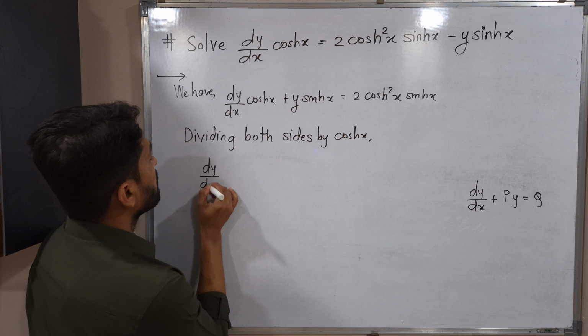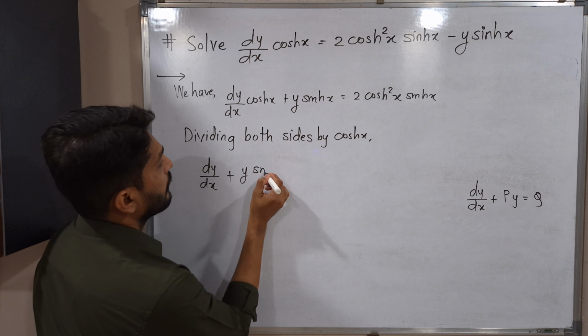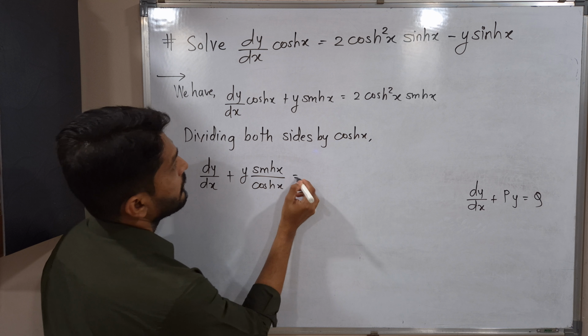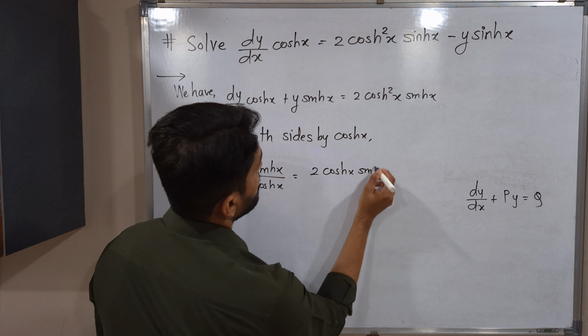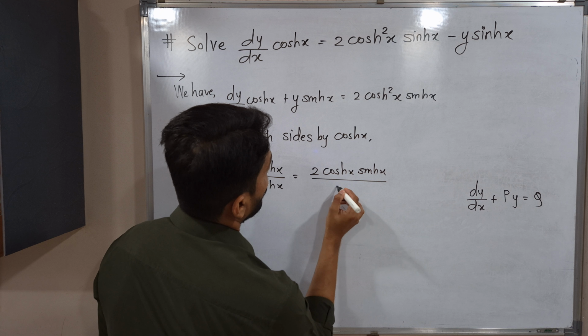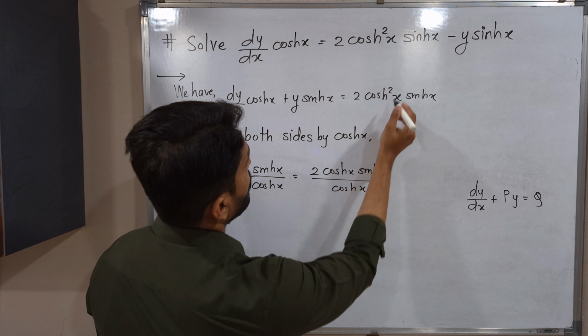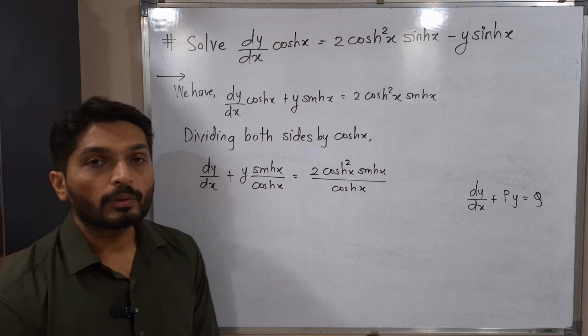This term will get cancelled, plus y hyperbolic sin x upon hyperbolic cos x, equal to 2 hyperbolic cos square x hyperbolic sin x upon hyperbolic cos x. My mistake, it is hyperbolic cos square x hyperbolic sin x.